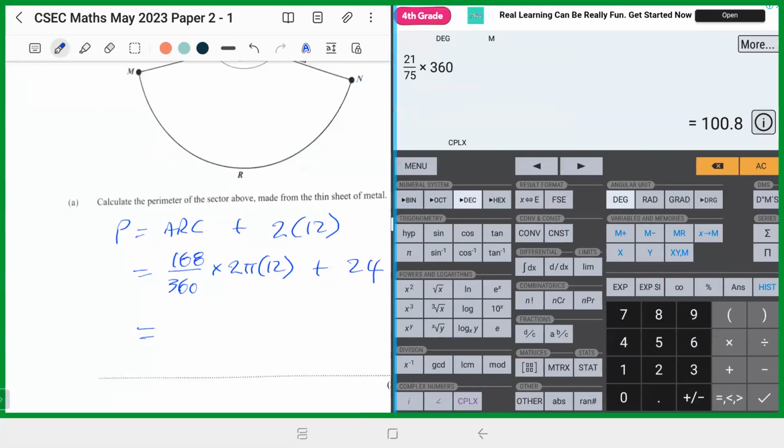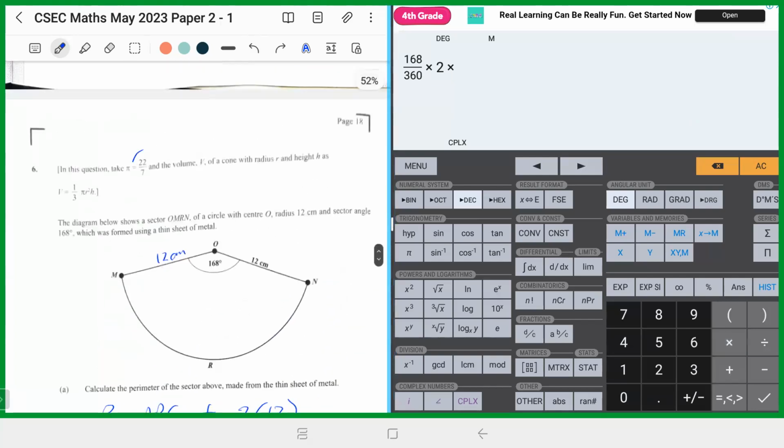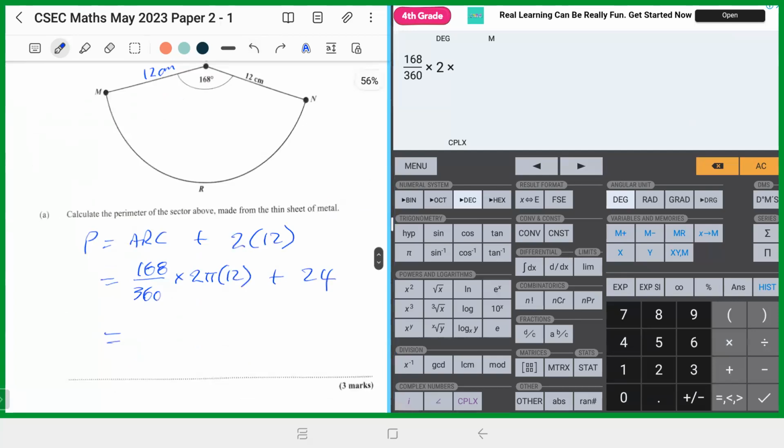So we can work out this part, the arc length, and then add it to 24. We're going to need the arc length in another part of this question. So 168 over 360 times 2 times, and the question says we must use 22 over 7 for pi, so 22 over 7, multiplied by 12.